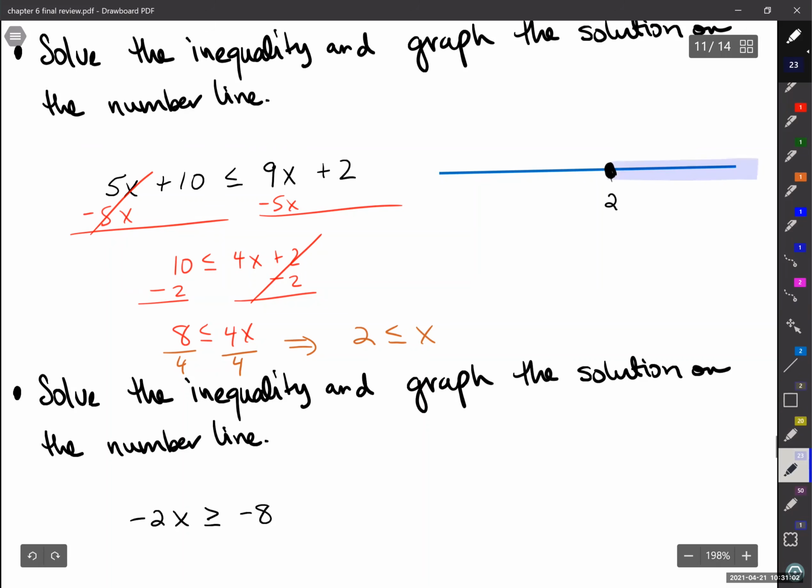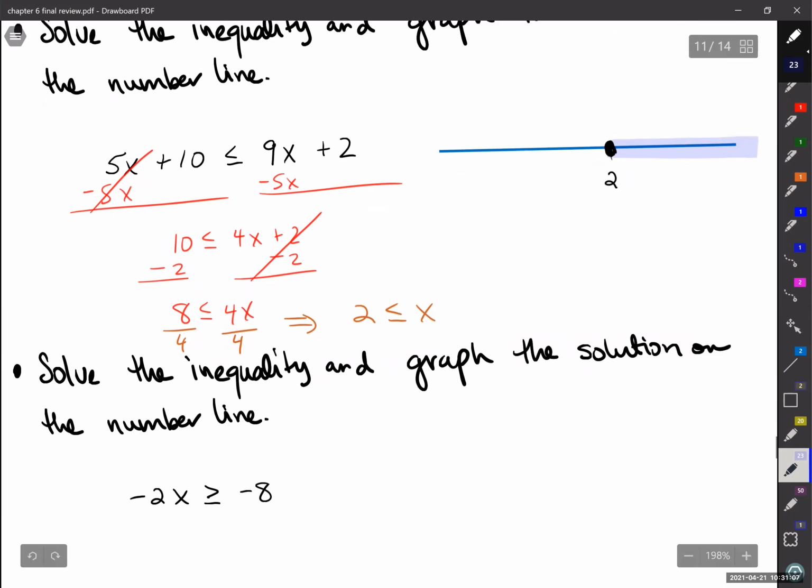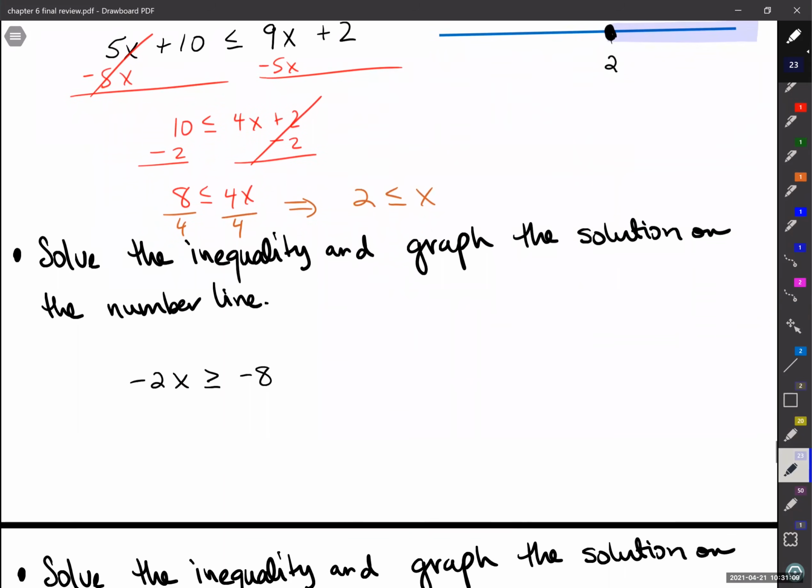So x should be greater than or equal to 2. Then we would look at our next one.